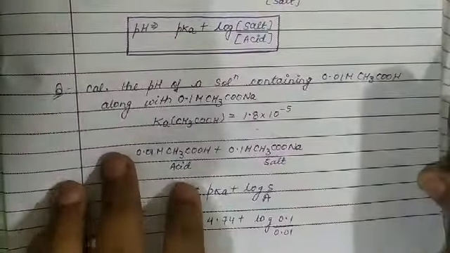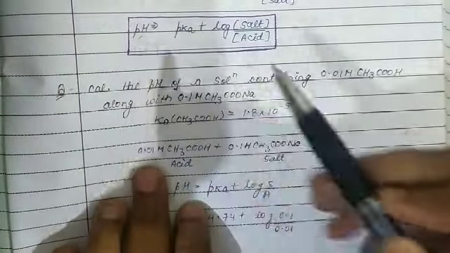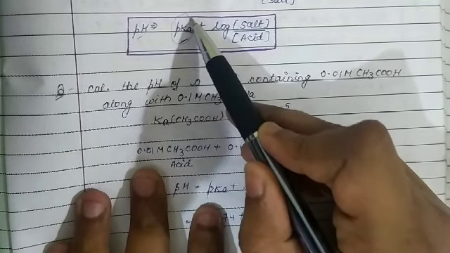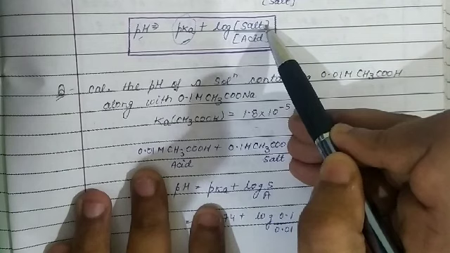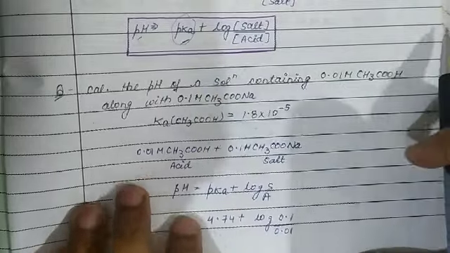Now how can we calculate the pH of this buffer? See, the pH of an acidic buffer is pH equal to pKa plus log of concentration of salt divided by concentration of acid. This equation is called the Henderson-Hasselbalch equation.